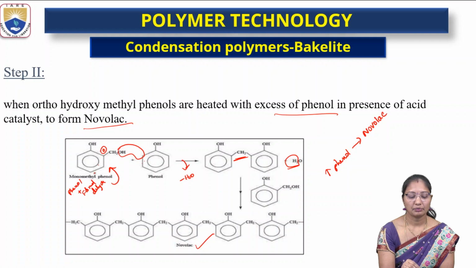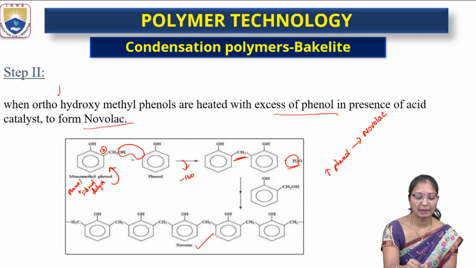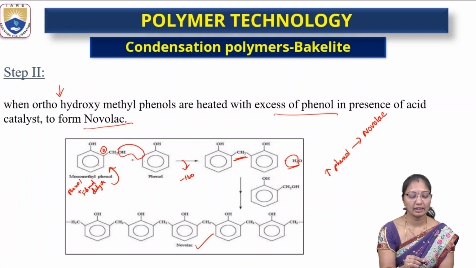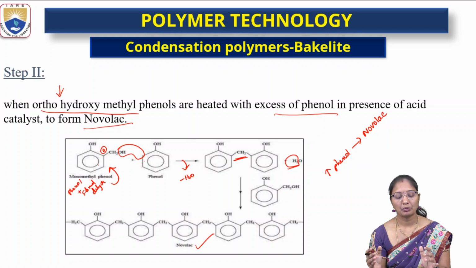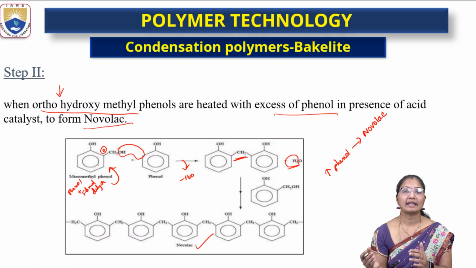The byproduct of phenol plus formaldehyde, ortho-hydroxymethylphenol, when reacted with another molecule of phenol, releases one water molecule and forms a bond between one phenol and the monomethylol phenol molecule. Again, reaction with another monomer gives a chain, which is called a Novolac.